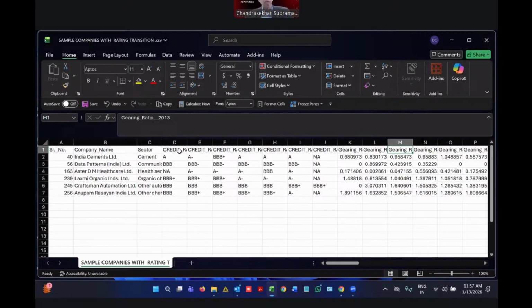So we have these financial ratios also for all these years. If you are predicting for the 2019 rating, we have all these ratios: the gearing ratio, debt service coverage ratio, interest cover ratio, free cash flow to sales, all the revenue. If you want, you can call it revenue.